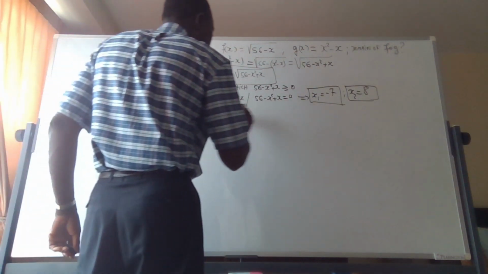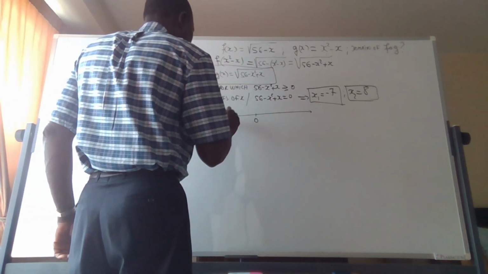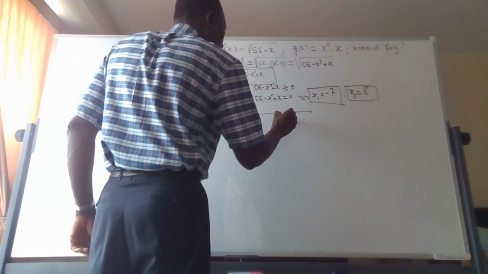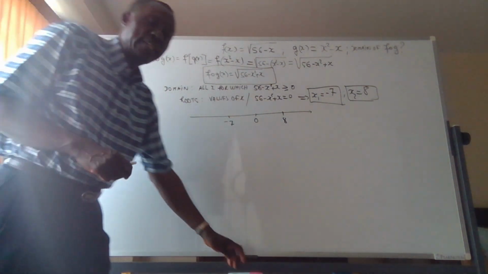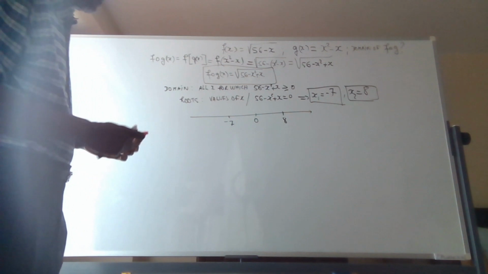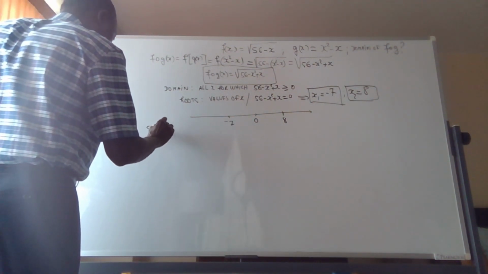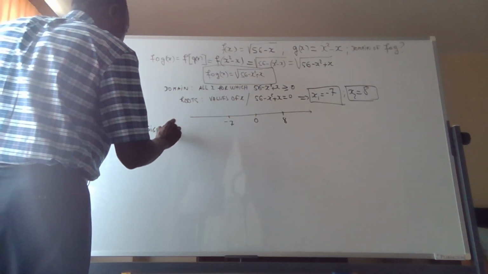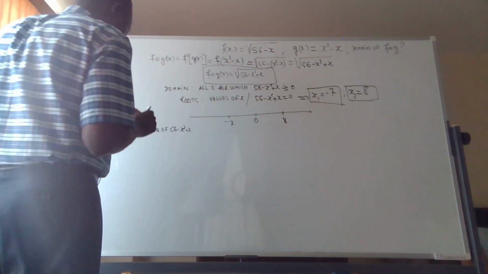So now, next we're going to have to study the sign of this 56 minus x squared plus x. So we draw the real line. Here we have 0, here we have minus 7, here we have 8. Okay? And let's study the sign of 56 minus x squared plus x.